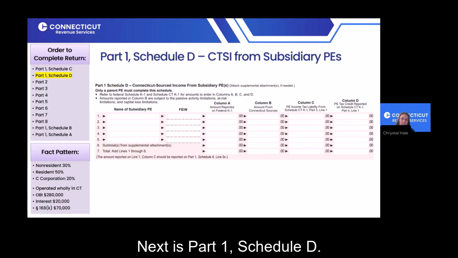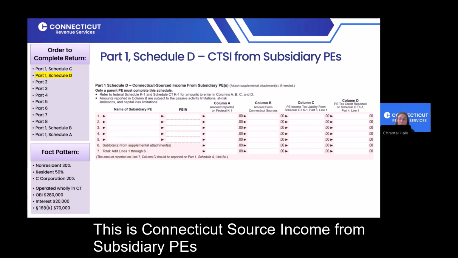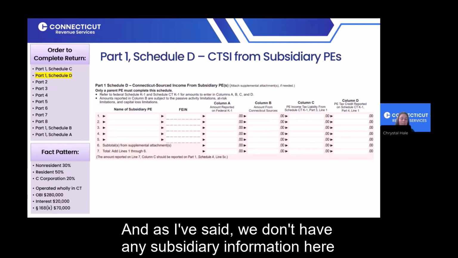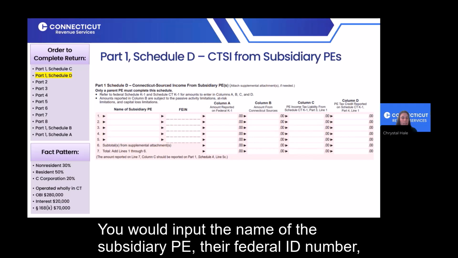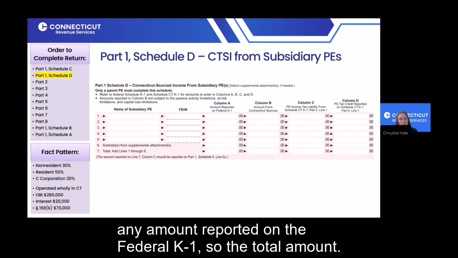Next is Part 1 Schedule D. This is Connecticut source income from subsidiary PEs. And as I've said, we don't have any subsidiary information here, but this is where you would include it. You would input the name of the subsidiary PE, their federal ID number, any amount reported on the federal K1, so the total amount.